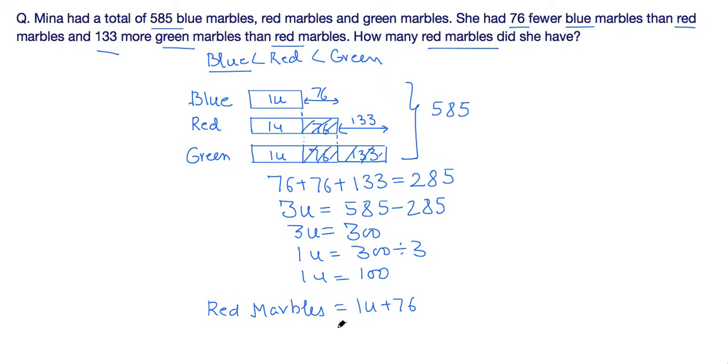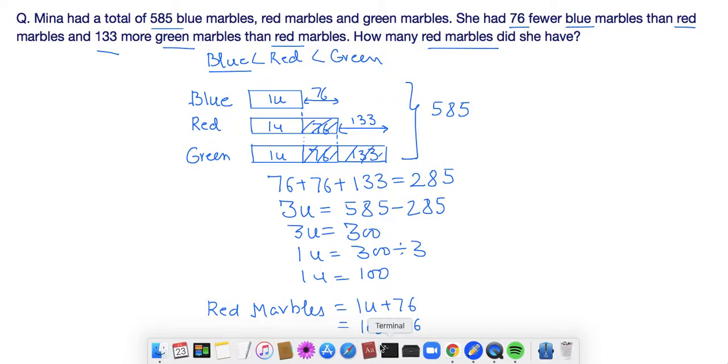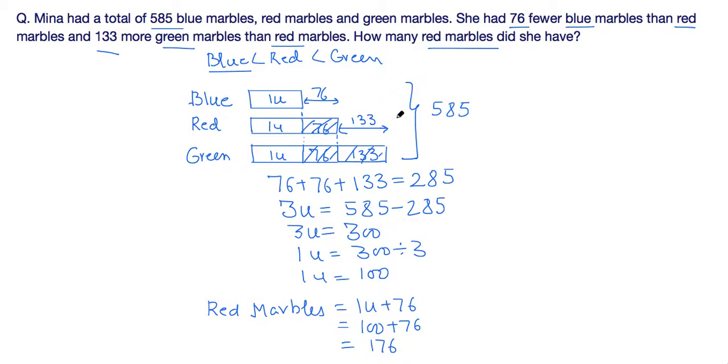So it is 100 plus 76, which is equal to 176. So the number of red marbles she had is 176. So that's your answer. You can write your answer here as she has 176 red marbles.